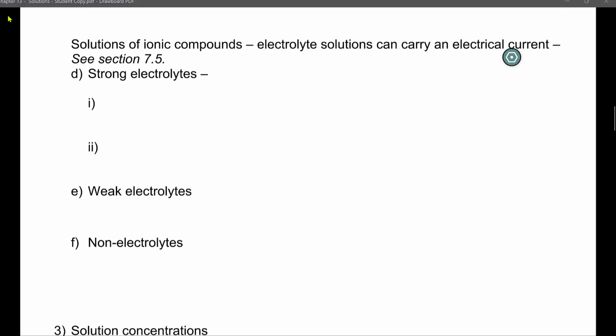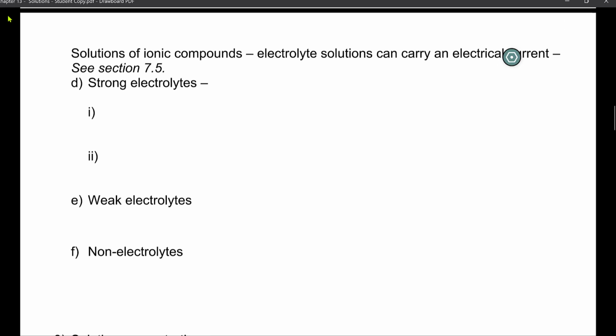So I'd like to review an important topic from previous chapters, and that's the topic of electrolytes. Electrolytes give a solution the ability to carry an electric charge, and the way we learned about these initially is when we talked about soluble ionic compounds. So there's the concept, strong electrolytes, these make many ions.